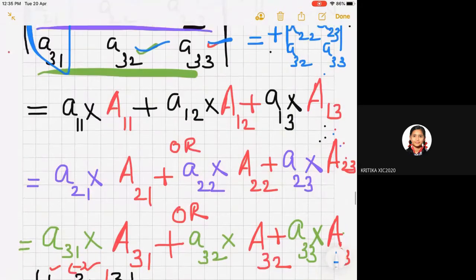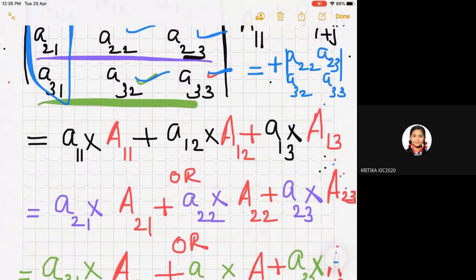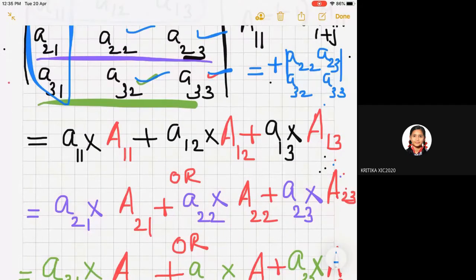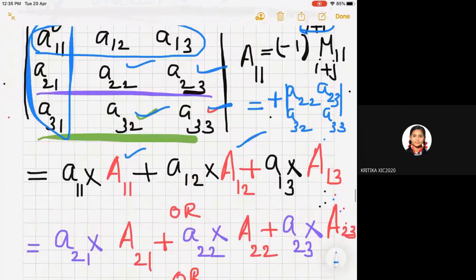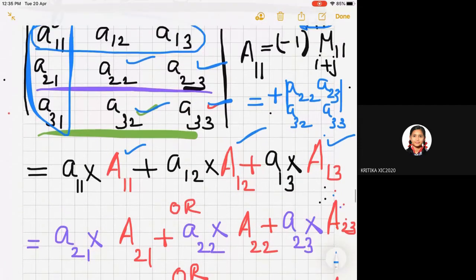And the value of the determinant is always A11 into cofactor of A11 plus A12 into cofactor of A12 plus A13 into cofactor of A13. You can expand the determinant along any row or any column.